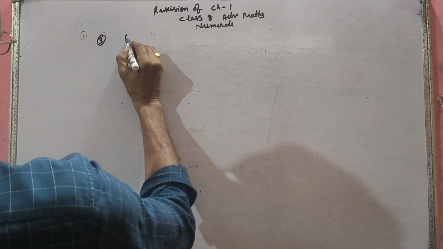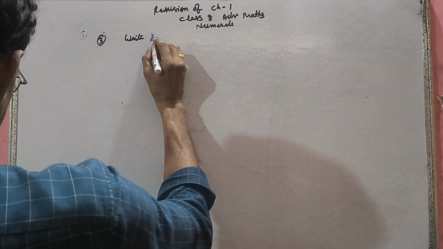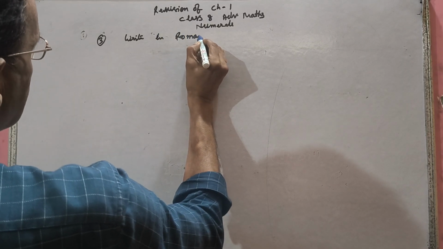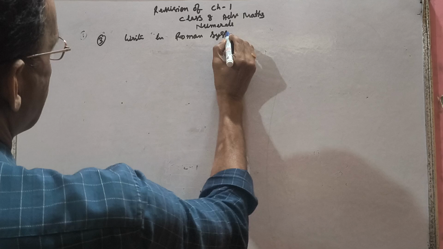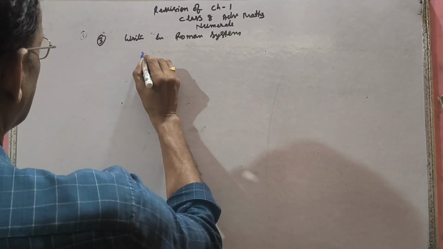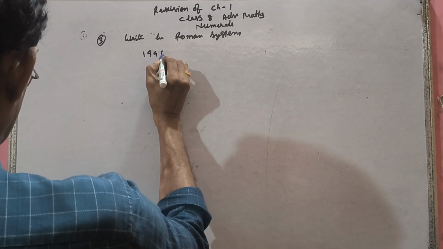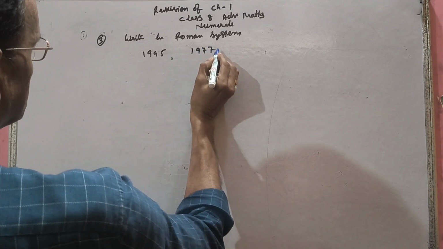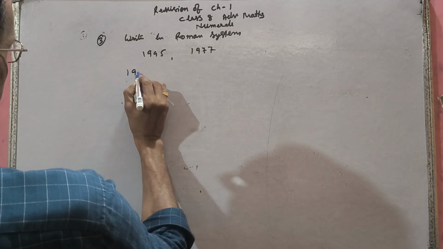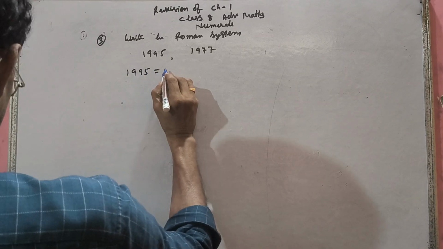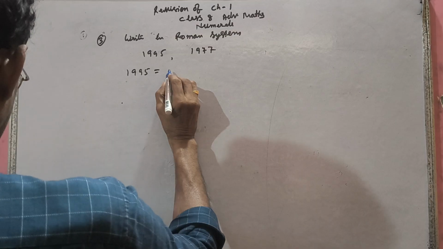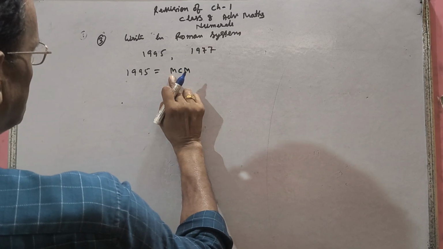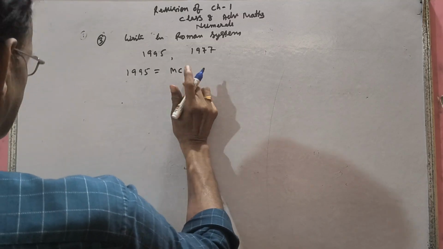Number 3: write 1995 and 1977 in the Roman system. For 1995, how will you write 1900? 1000 minus 100 is 900, so 1900.